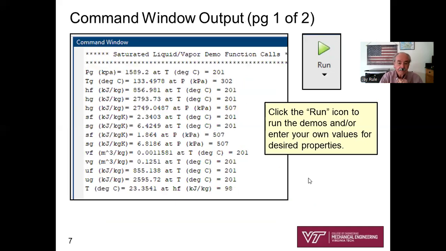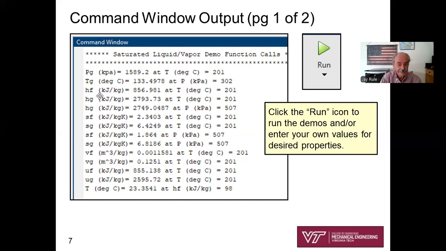Here's a screenshot of the command window output of the demo. So when you click the run button in MATLAB, this is what you'll get. It scrolls on down. Like the next page, I believe, is going to give you the superheated properties, but this represents demos of all of the saturation function calls for H2O. Okay. And look at how nice it is.